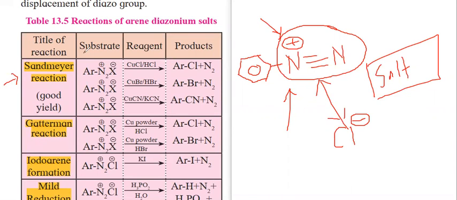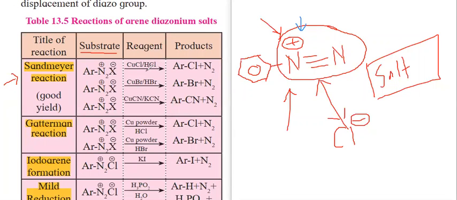The substrates are our aromatic diazonium salts, an aromatic ring attached to the N2 group, as I have shown here. Then these are the different reagents used for the reaction, and these are the products.